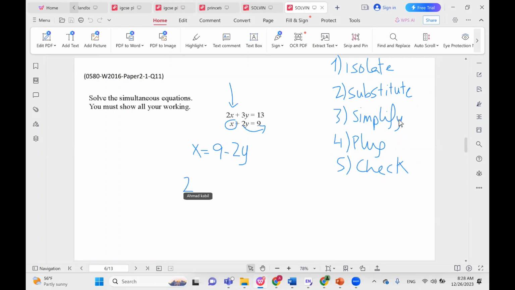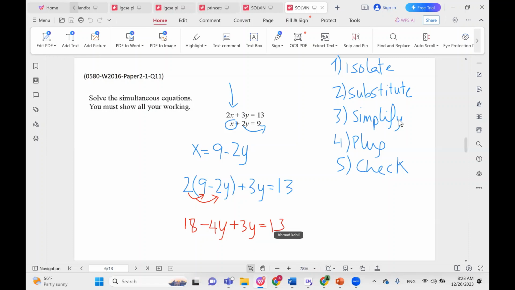So we have 2, and then instead of x, we have 9 minus 2y, plus 3y equals 13. And then we distribute. So we have 18 minus 4y plus 3y equals 13.